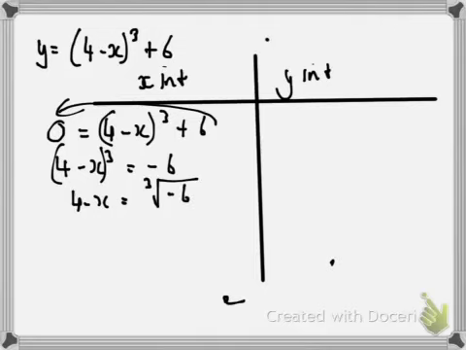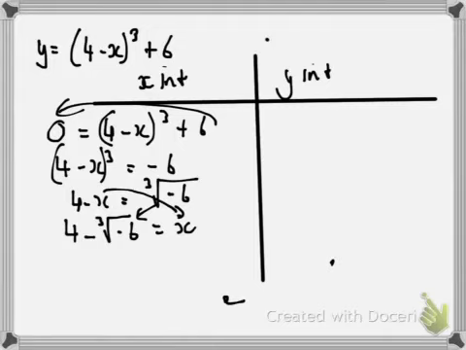At which stage you'll have to look at your calculator. But just to keep on going a step further, that means 4 minus the cube root of negative 6 equals x. And to get that, I've taken that one to that side and that one to that side.